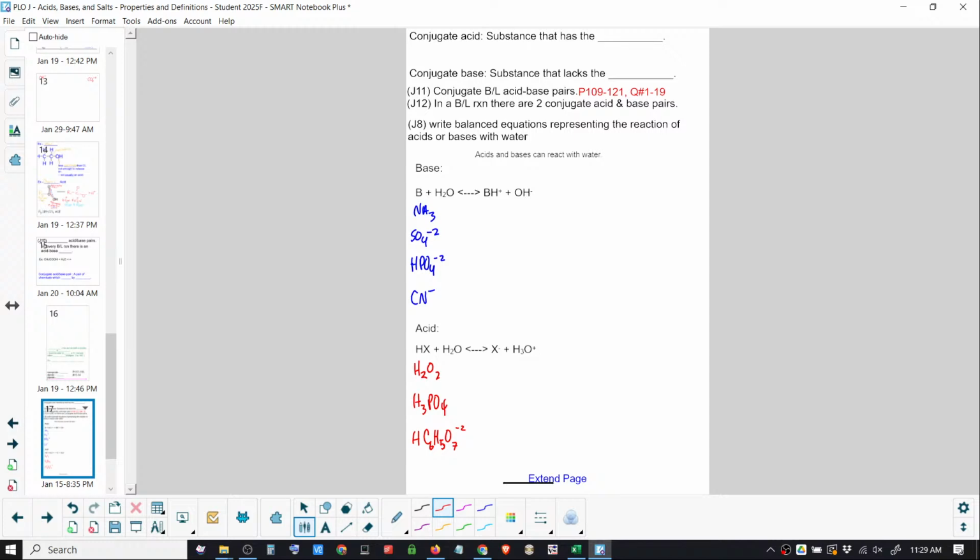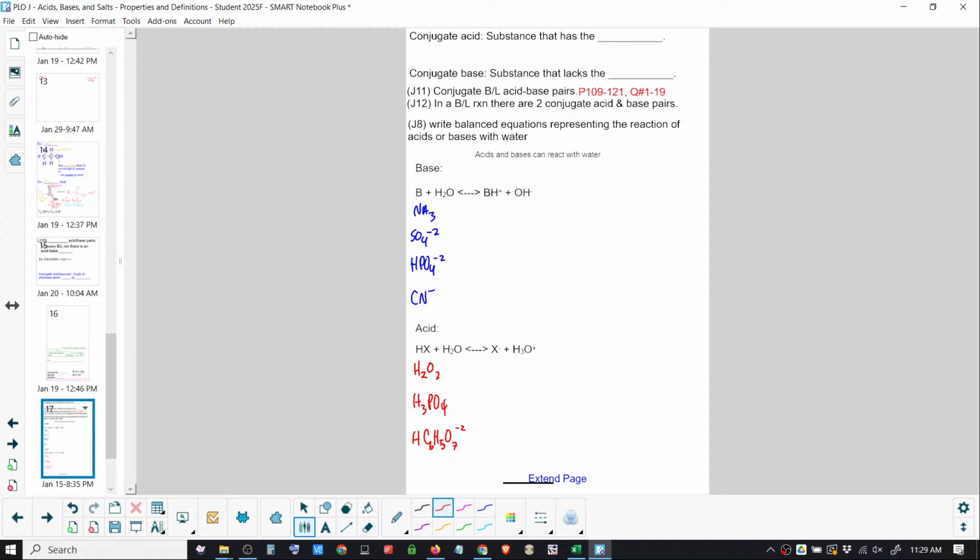NH3. Oh, it's minus. Charges on SO4? Yeah, you're forgetting your charges. There was a brilliant poster made by Mia over there about making sure of the charge. But it's minus 2. Excellent.